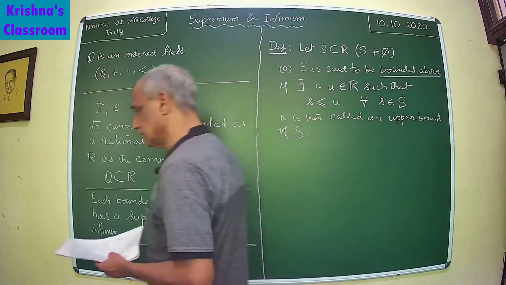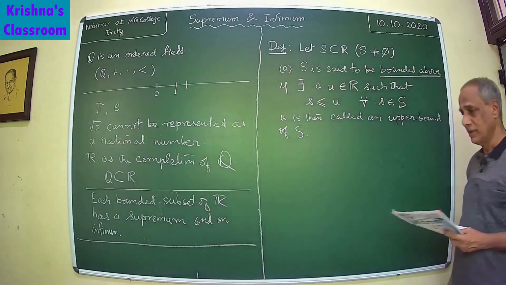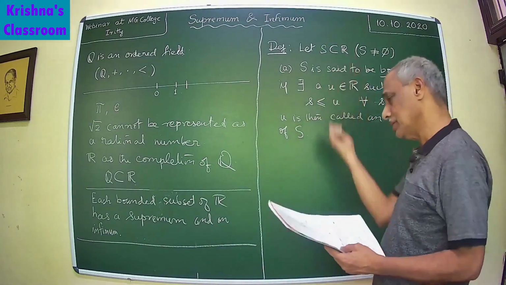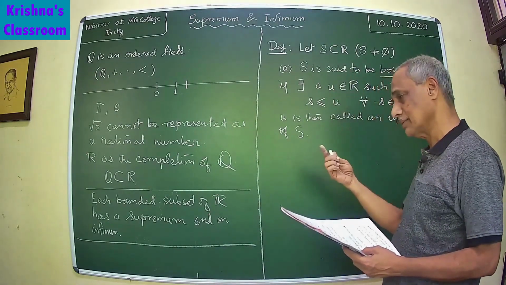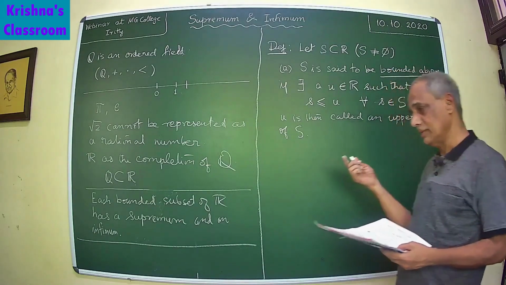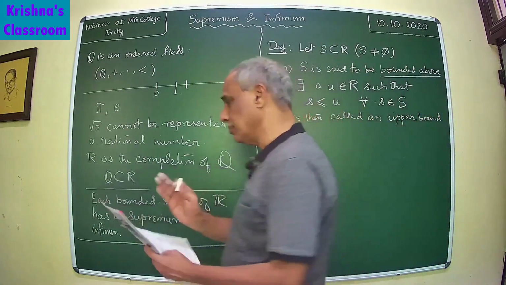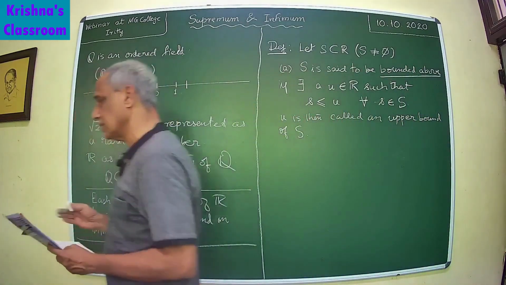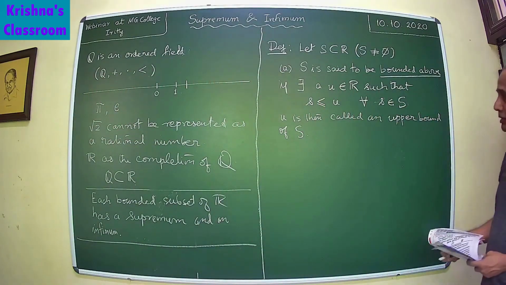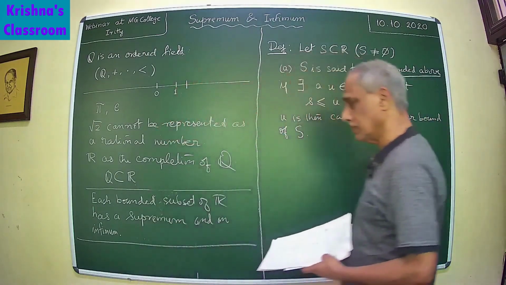The reason is that you cannot find a number n such that all the elements in the set of natural numbers are below that. So it is unbounded. Also if you take the set of all positive rational numbers, it is not bounded above.